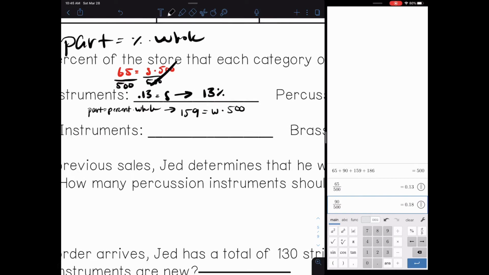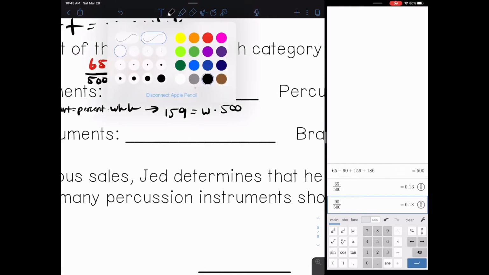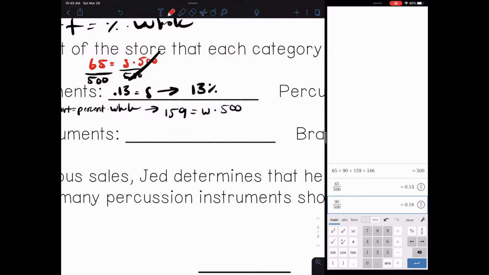All right, let's solve this by isolating for the percentage. So divide both sides by 500. You get 159 divided by 500. And that's gone, and we're left with a W on the right side.